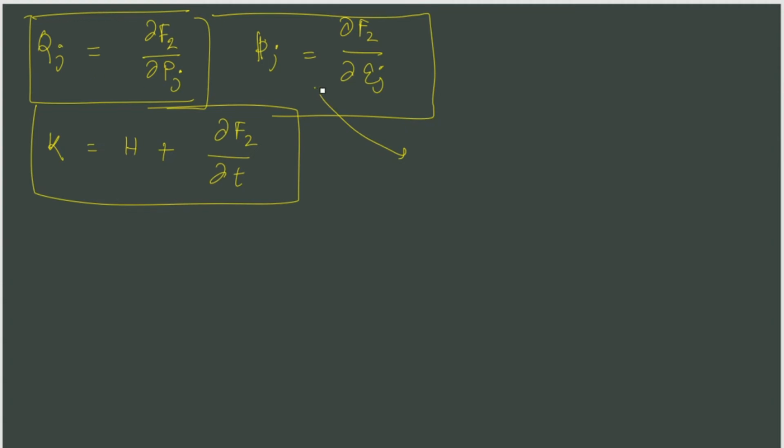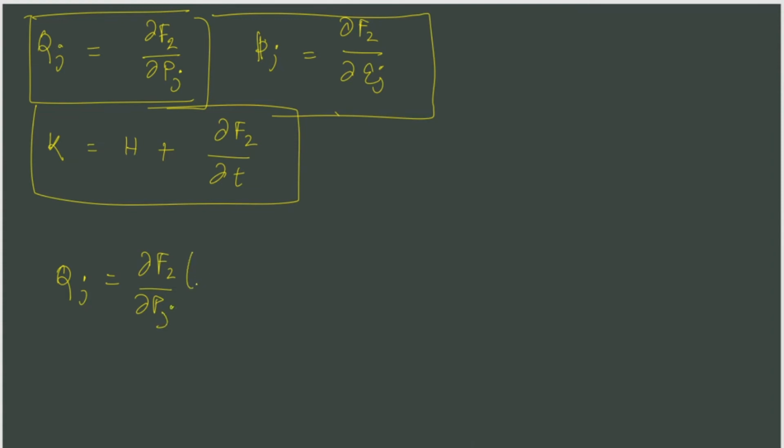It's basically useful to always invert the coordinates first. You choose this equation where the new coordinates appear on the left, which means Qj equals del F2 del Pj.